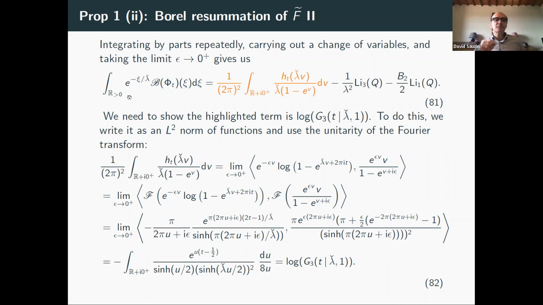And that's basically what we did. So you do the Borel resummation, and you identify one of the Borel-Laplace sums, the one with the ray rho 0, with the logarithm of G3 at the end of the page.